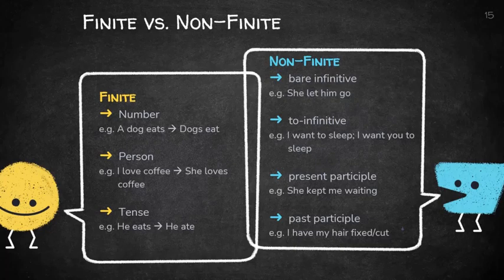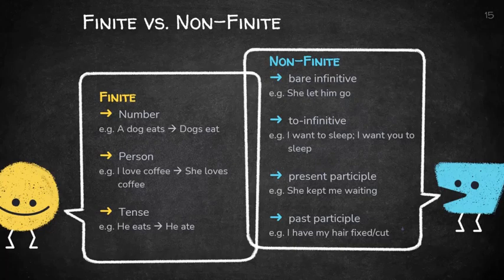Okay, so how does this connect to SFL? Well, you have to remember, usually, not always, usually the non-finites are not considered as a separate clause from the main verb. It means they will still be considered a single clause, not two. So she let him go is one clause, not two.